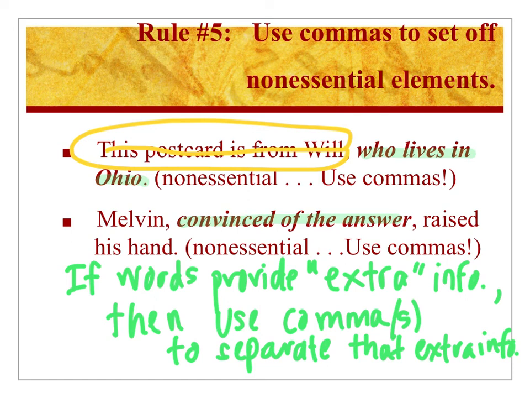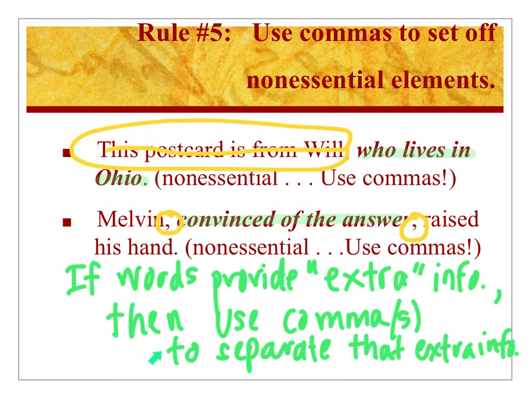In the same way, I can give you more information to explain the conditions under which Melvin raised his hand, not tentatively, not looking around him to see if others were raising theirs, but Melvin, comma, convinced of the answer, comma. I'm using commas to separate that extra information, and I'm just going to put commas around that extra information.